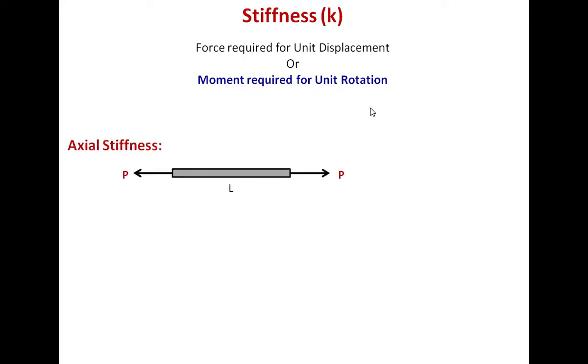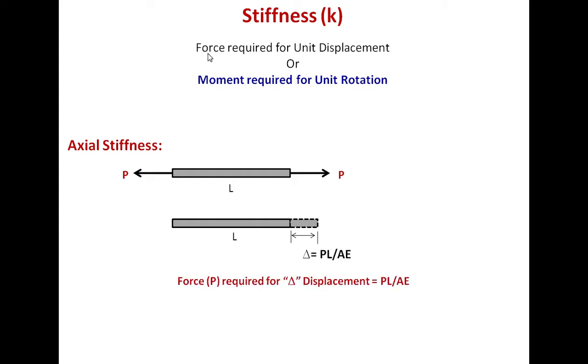So suppose we consider a bar subjected to some axial force capital P and having length L, then we know that under this particular load it is going to be deformed, elongated by an amount delta, which is equal to PL upon AE. Now as per the definition of stiffness, it is the force required for unit displacement.